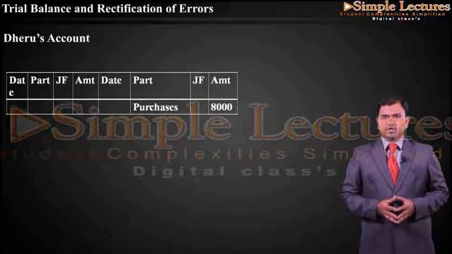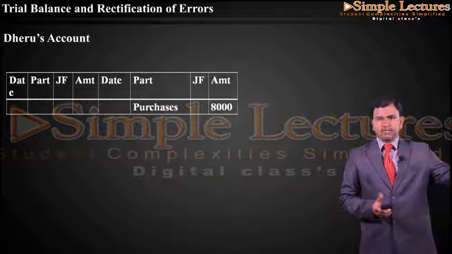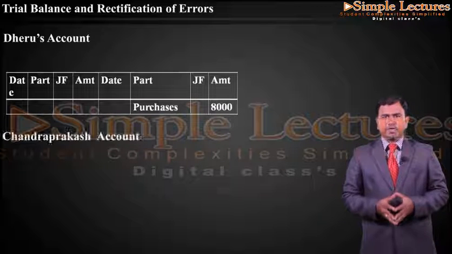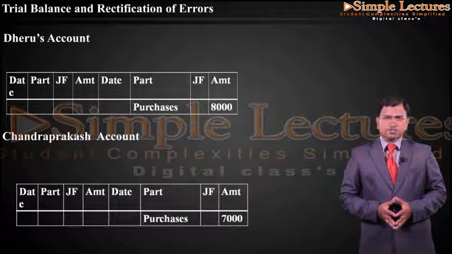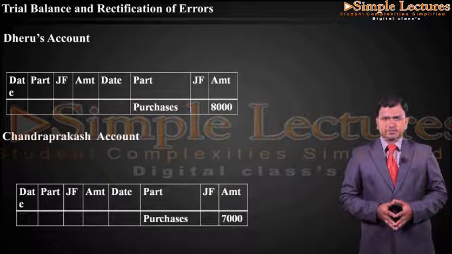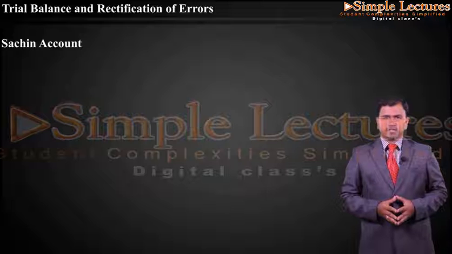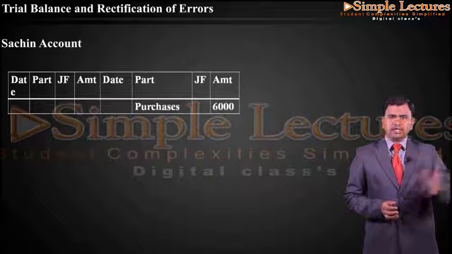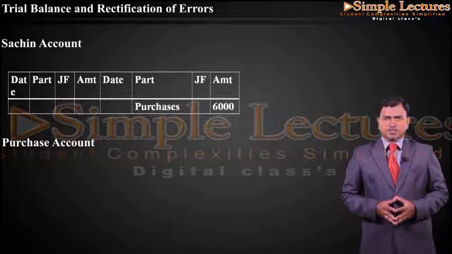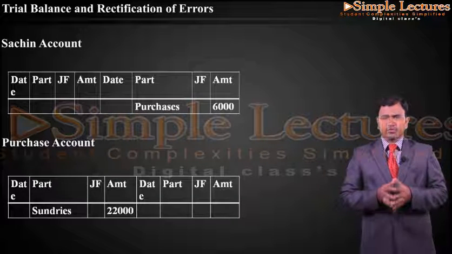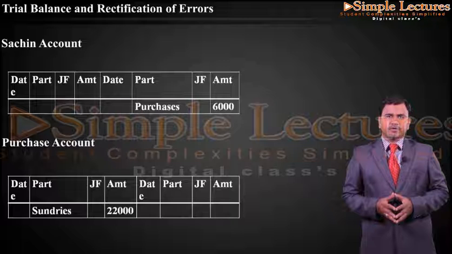In Dhiru's account we have 8,000 on the credit side, purchases 8,000. Then in Chandra Prakash account, again on the credit side, purchases of rupees 7,000. Then in Sachin account, again on the credit side, purchases 6,000. But coming to the purchases account, in this ledger we are going to show the total, which is 22,000.